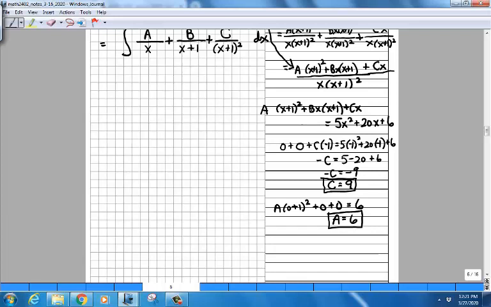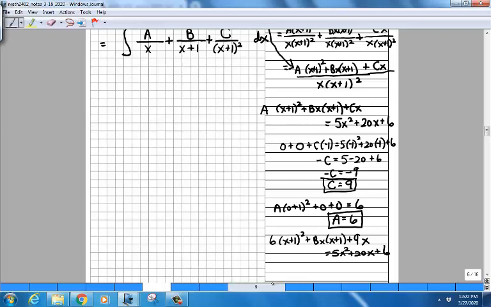But now that I know what a and c are, I can fill those in. So I have 6 times x plus 1 squared plus b times x times x plus 1 plus c. But I know what c is. c is 9. So plus 9 times x, all of that is equal to still 5x squared plus 20x plus 6.